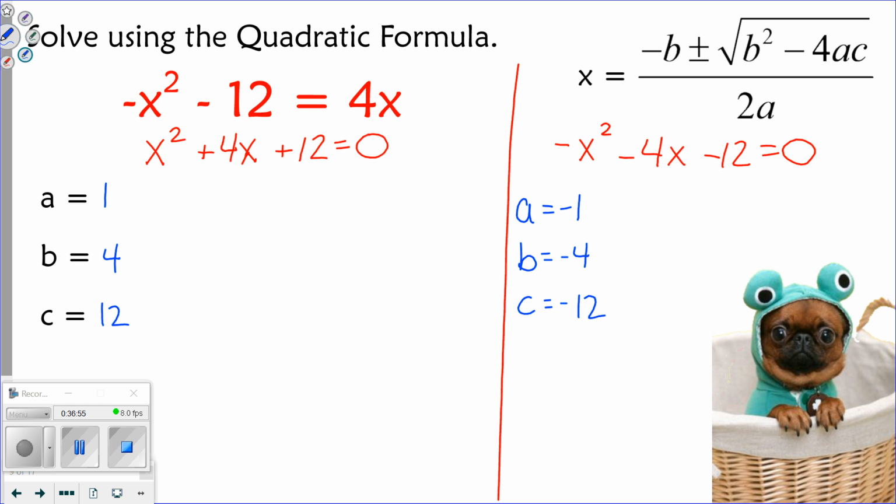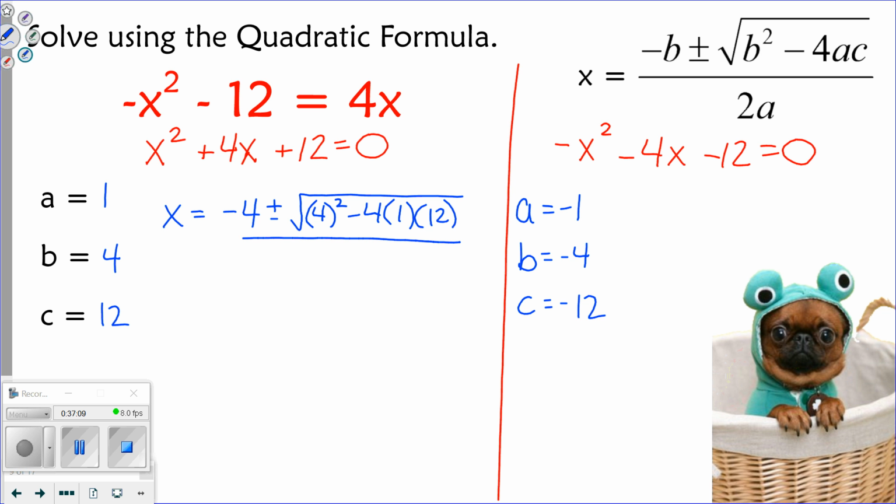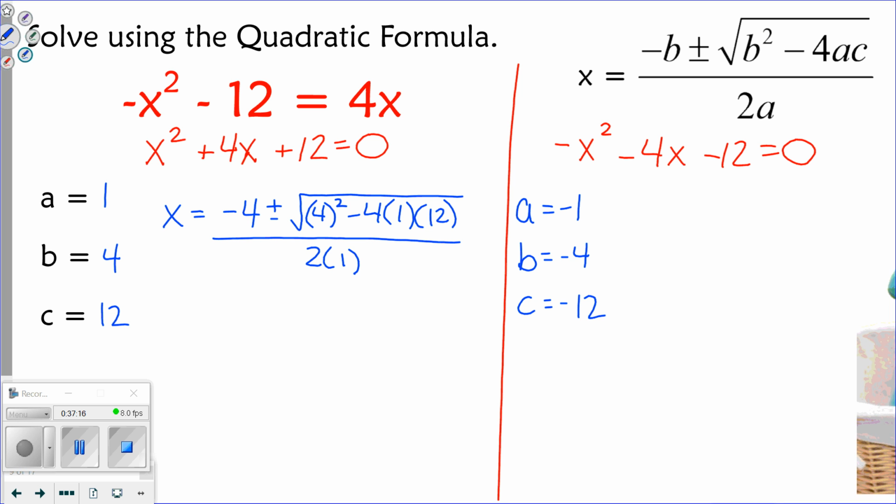All right, so on the one where they're all positive, we'll do that one first. So x equals negative b, make that negative 4, plus or minus square root 4 squared minus 4 times 1 times 12, all over 2 times 1. Let me set this one up at the same time.